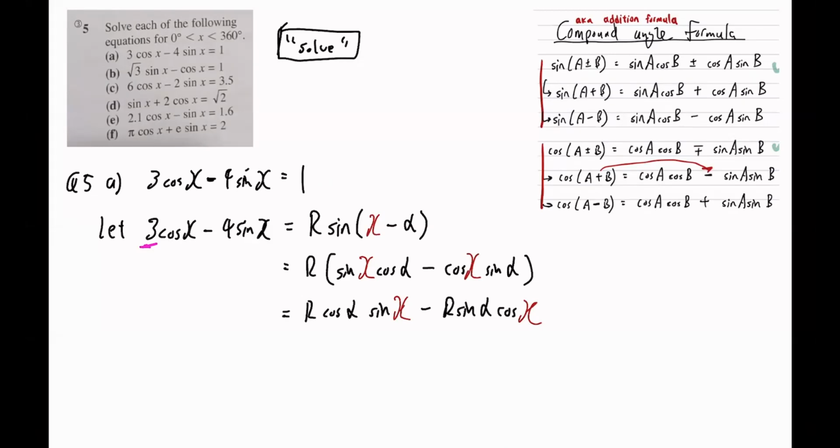So 3 times cosine x. Here there's a cosine x. The number in front is, wait a minute. Did I do something wrongly? Let me see.